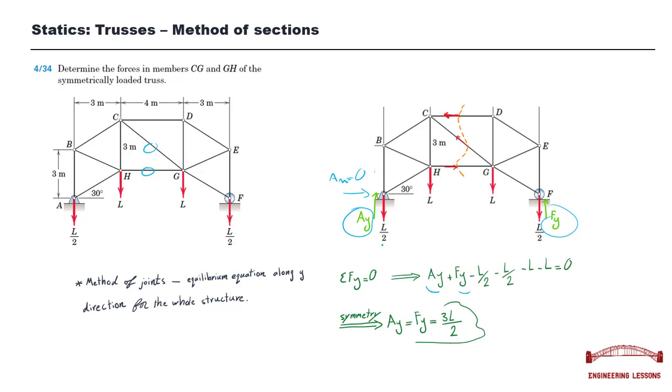Okay, what we have here is four forces acting downward. So by solving this equation, it turns out Ry and Fy are equal to 3L over 2.